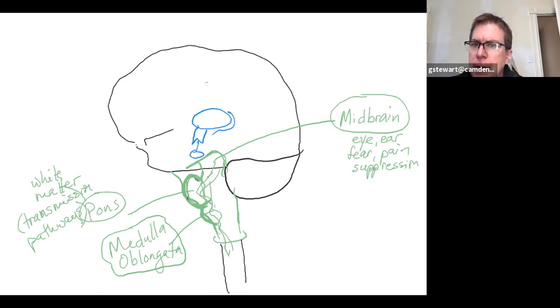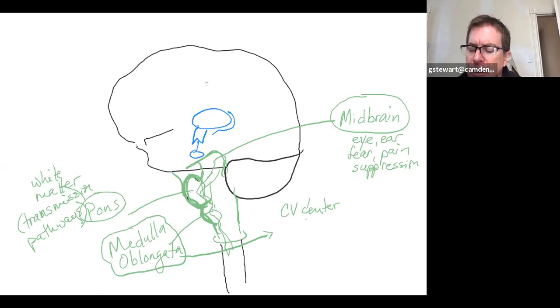It also contains, so I'm going to draw an arrow over here just because I need more space, the cardiovascular center. The cardiovascular center is located in the medulla. That regulates things like heart rate, the force of contraction of the heart, how hard it contracts, and vessel diameter.